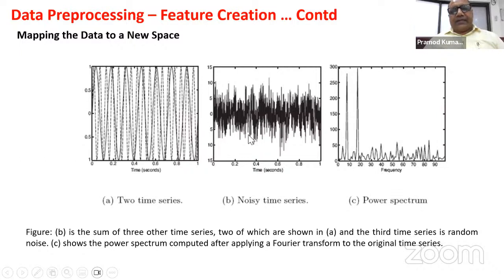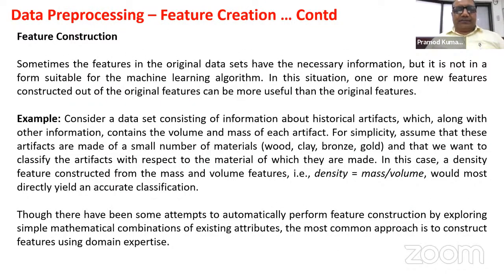You see that it was not possible to find any pattern before, but it is possible to find the pattern here if we just change the domain. I simply mean to say that if we change the frame of reference, if we change the format of the data, something which is not visible in one frame of reference may be visible in the other. So that is basically mapping the data to a new space.